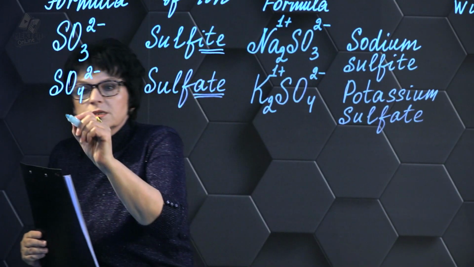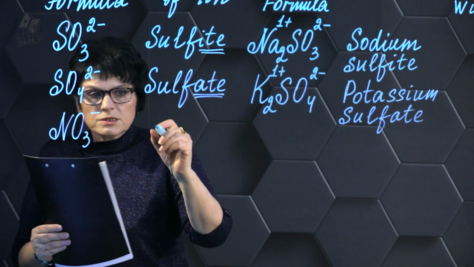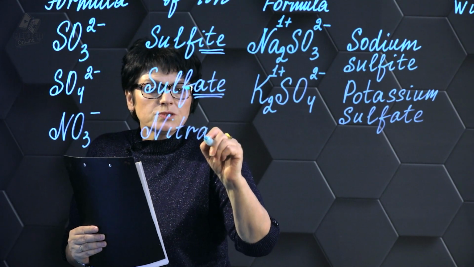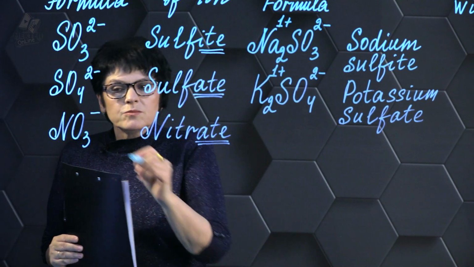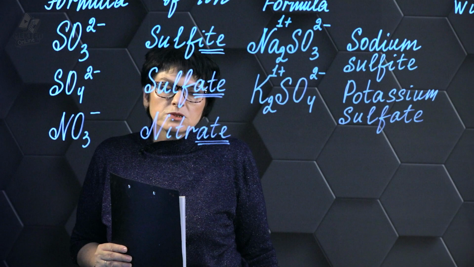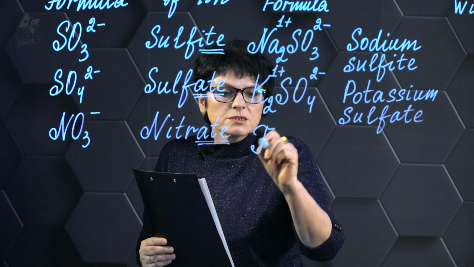This is the following particle. This particle is NO3. The name will sound like this, and the suffix ending is -ate because both here and here the elements of nitrogen and sulfur have the highest degree of oxidation. So let it be a compound associated with iron. As we understand, iron can have a charge of 2+ or 3+.